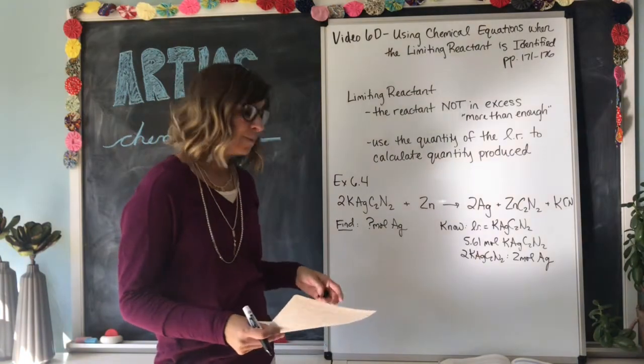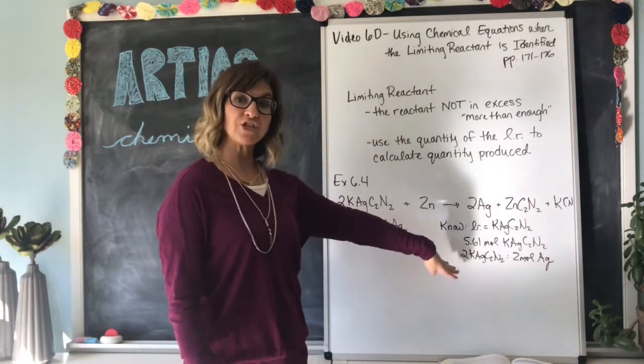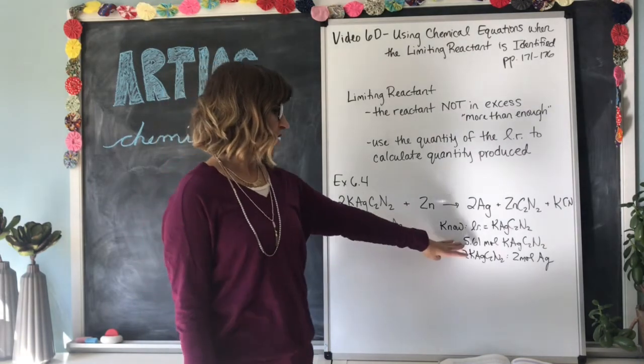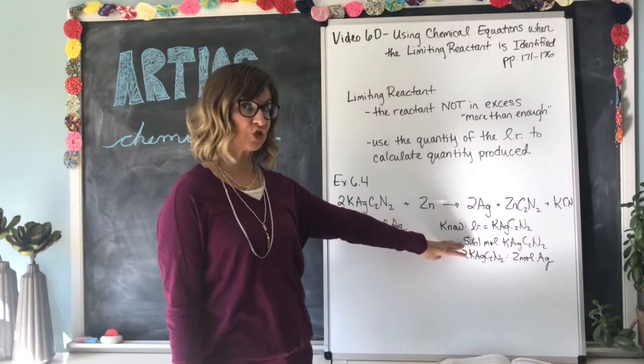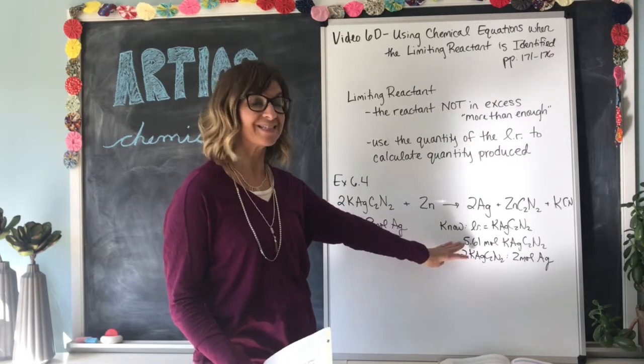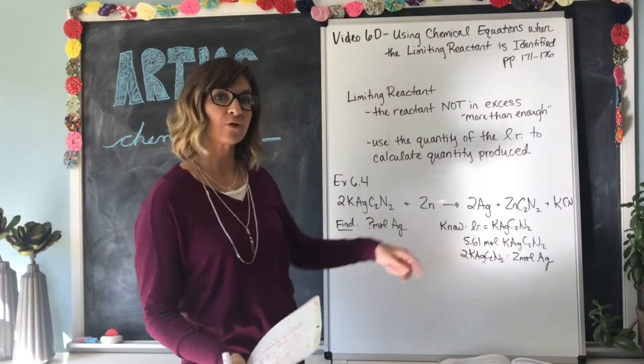So I can tell by looking at it that it's a 2-to-2 ratio, which is a 1-to-1 ratio. So however much KAgC2N2 we're starting with, since it's a 1-to-1 ratio, we're going to produce that same amount of silver. But I'm going to write it out for you anyway.